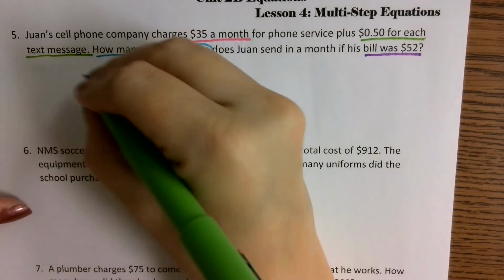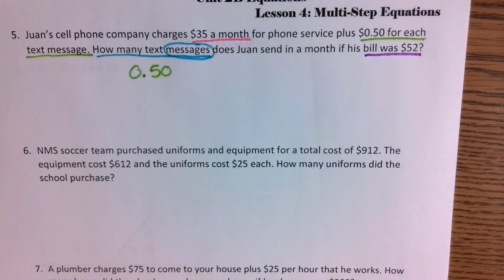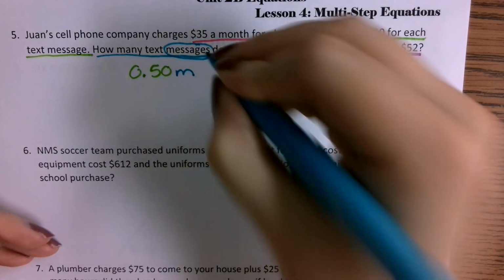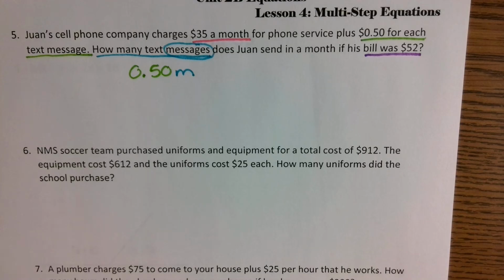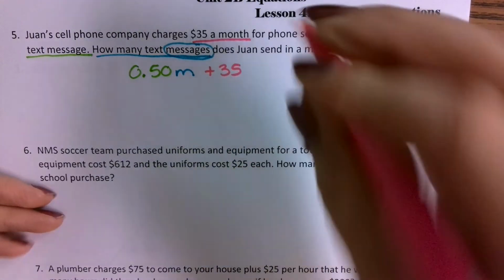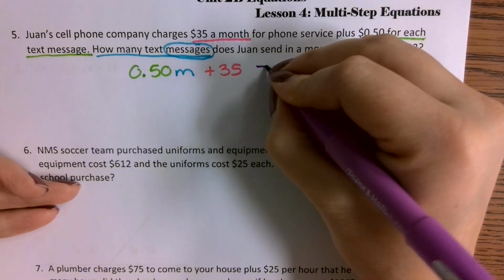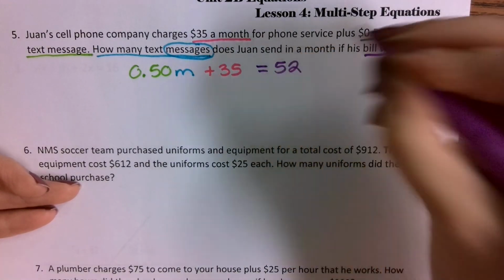So when I set this up, my equation is going to be 0.50, because it's 50 cents per message, times M for the number of messages, plus $35 for his one-time payment on that month, equals $52, the total he spent that month.